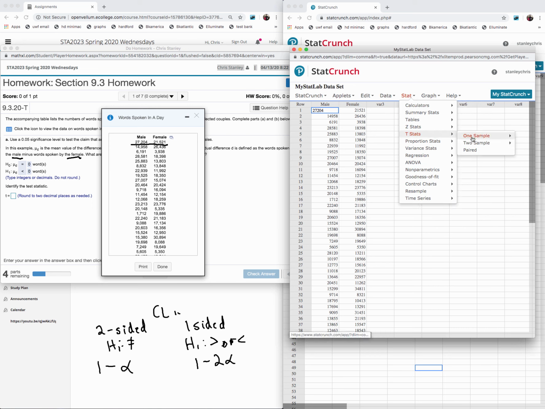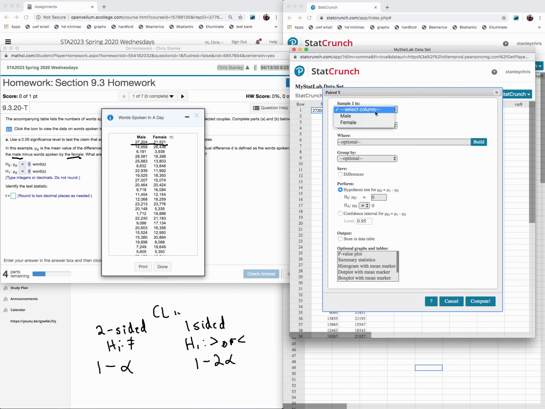This is another t-stat, but this is paired because these are all couples. Males in the first column, females in the second column, and this should be a less than.